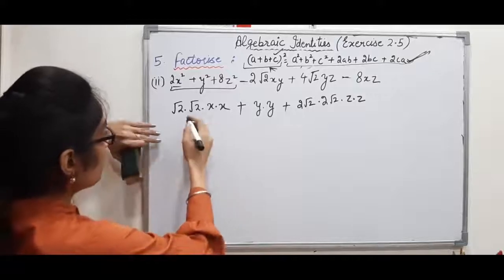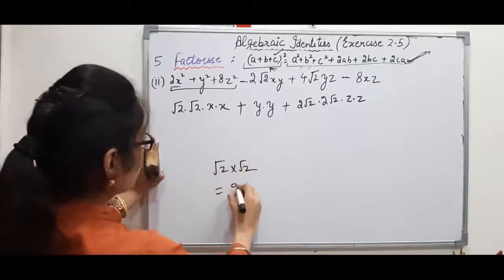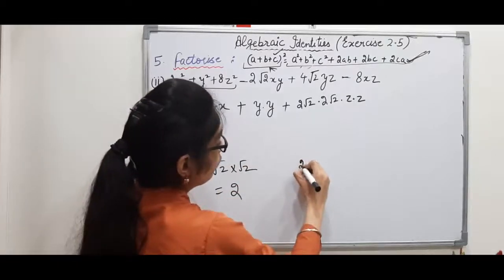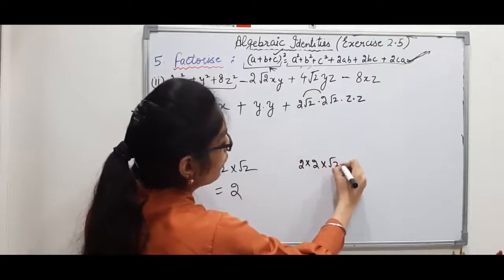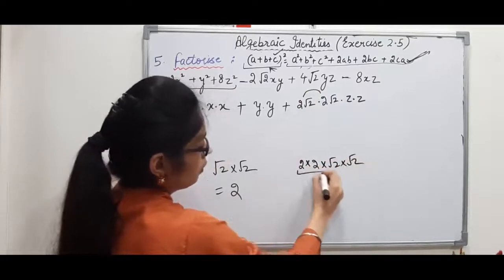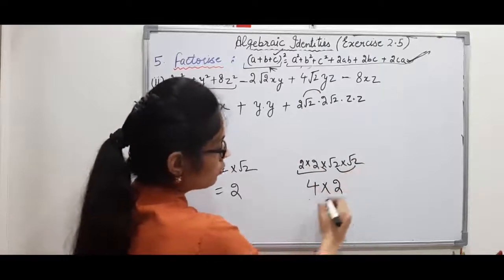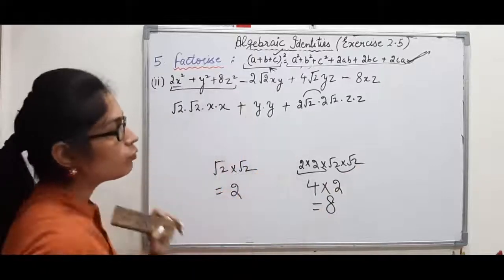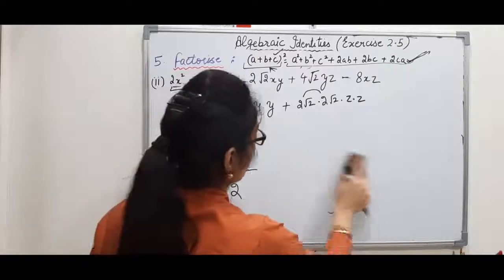So here if you see, 2 root 2 into 2 root 2: 2 into 2 is 4, root 2 into root 2 is 2, so it is giving us 8. That's why 8 we have to write in this way, 2 root 2 into 2 root 2.